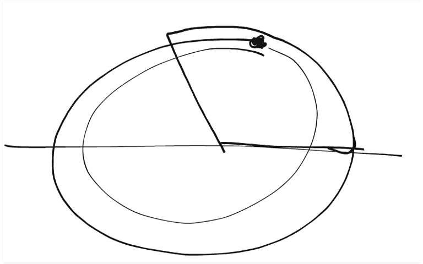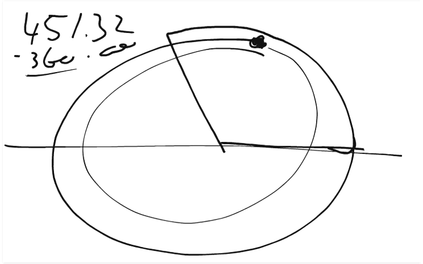It's all the way around plus some, so we take 451.32 and subtract 360 to get our angle with respect to the x-axis. And so the answer to that is 91.32 degrees.